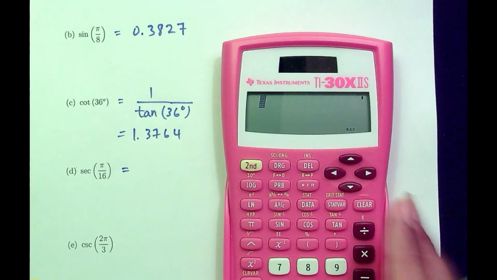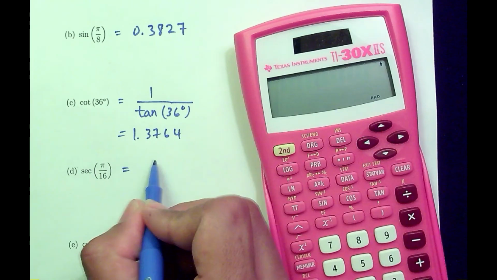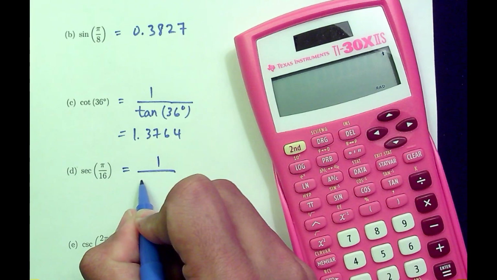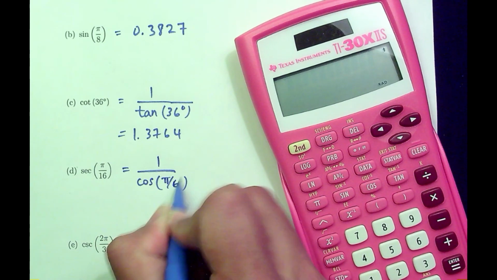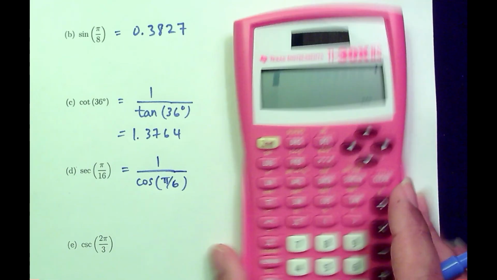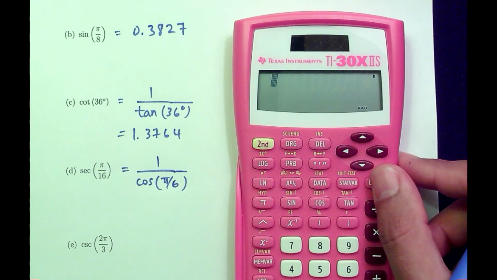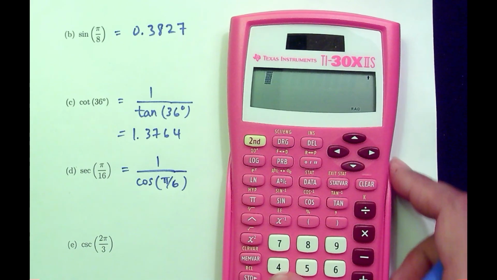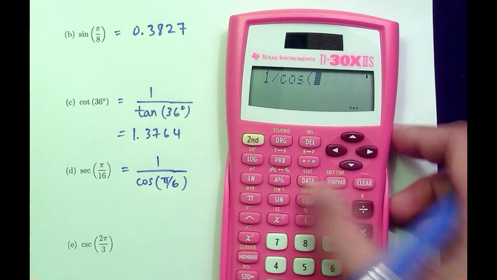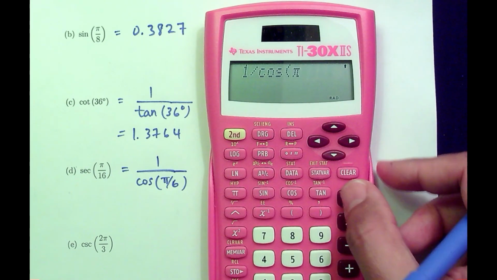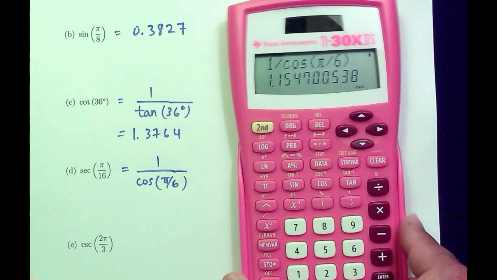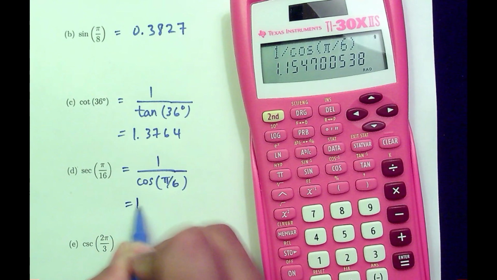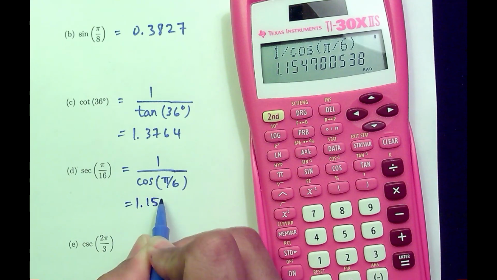So secant, again, there's no button for secant, but we know that secant is 1 over cosine. So we're going to put 1 divided by cosine of pi divided by 6, and that is 1.1547.